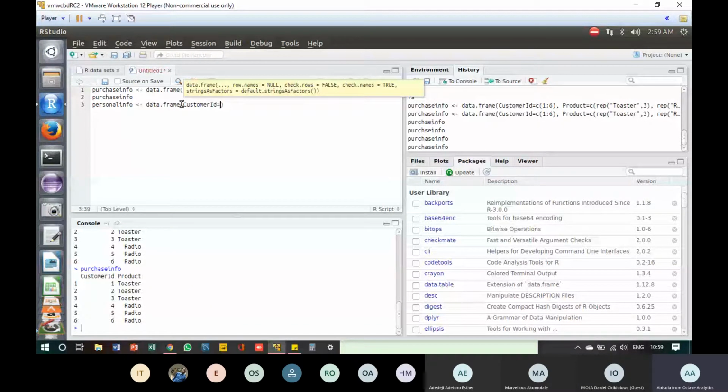Seq. Now we can seq into bracket 2. Since you want to do 2, 4, 6, it's seq(2, 6, 2). I'm really saying colon instead.